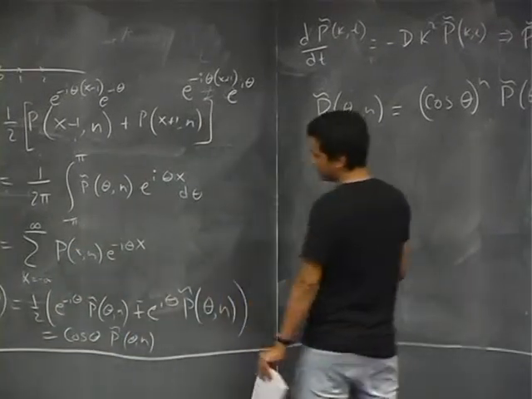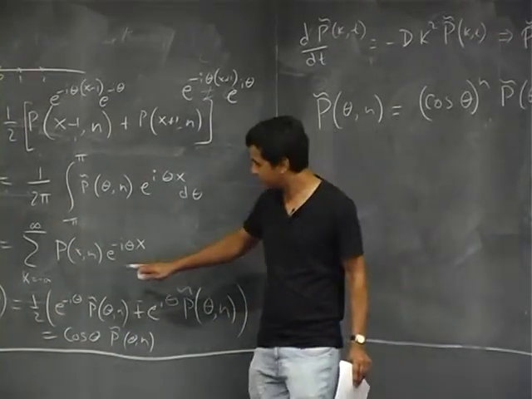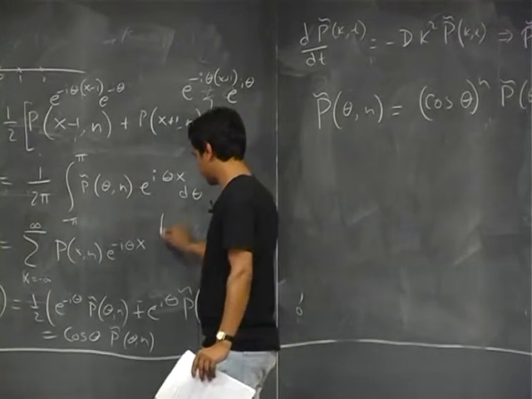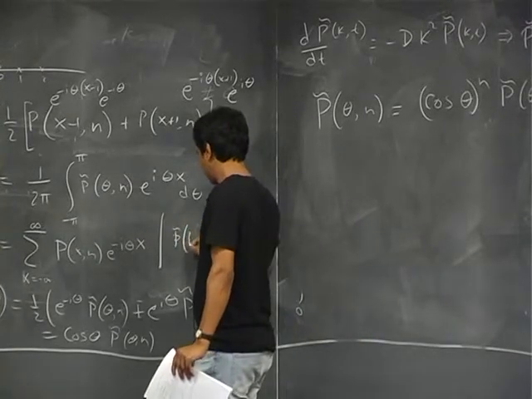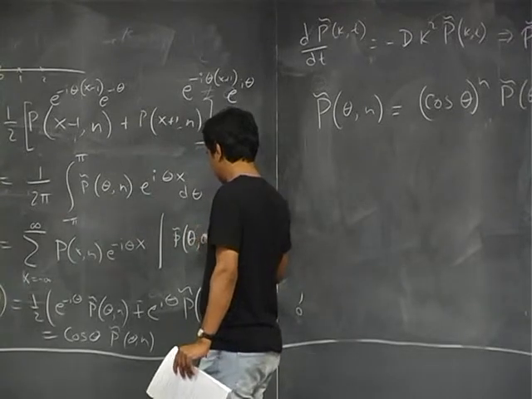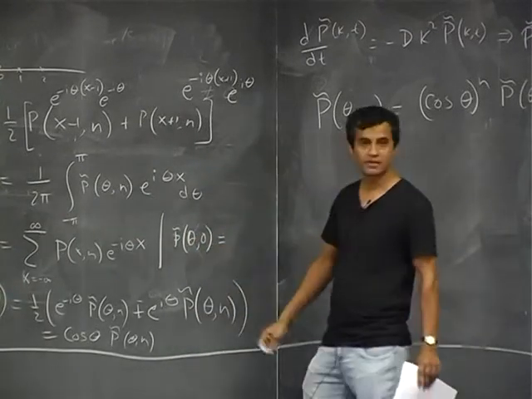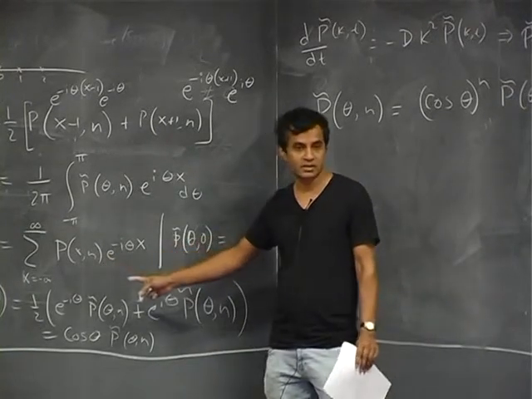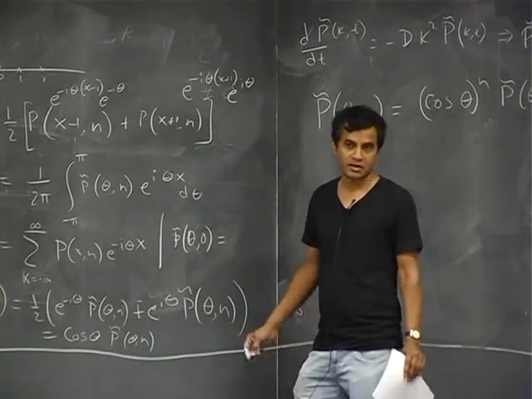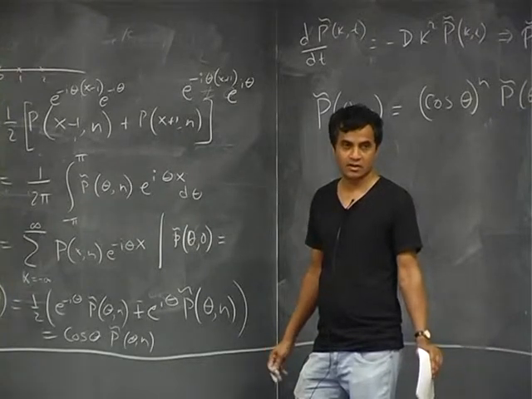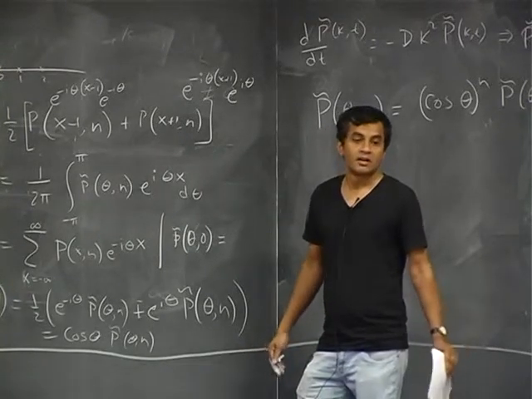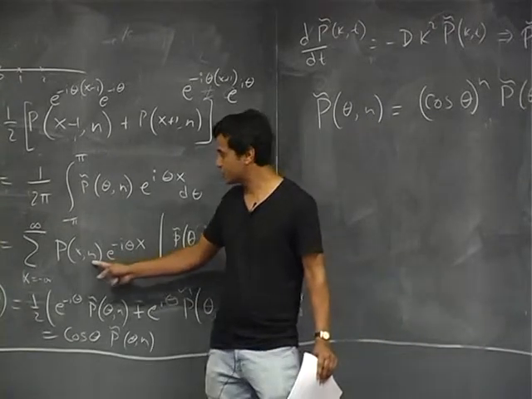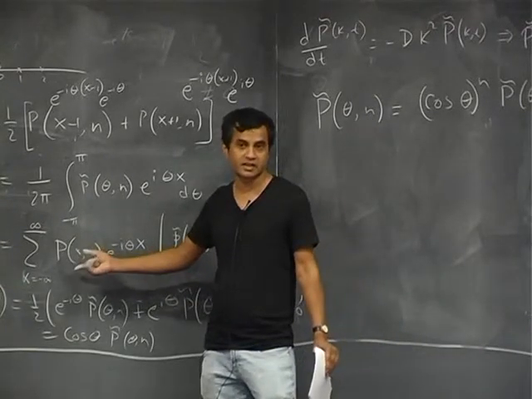And so let's say we take initial conditions that at n equal to 0, it's at the origin, right? So therefore, this p tilde theta at 0. So what is this? If the particle at time 0 is at the origin, then what is the summation? At n equal to 0, I'm saying this is delta x, right?